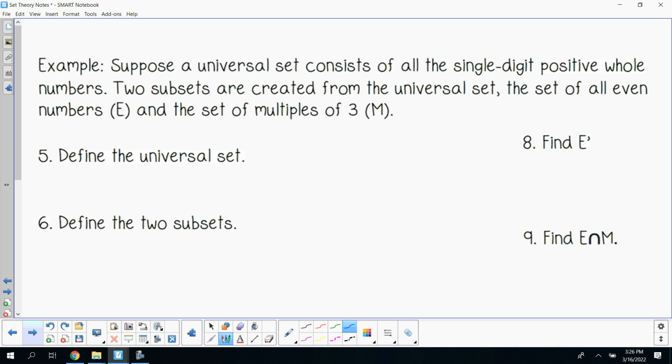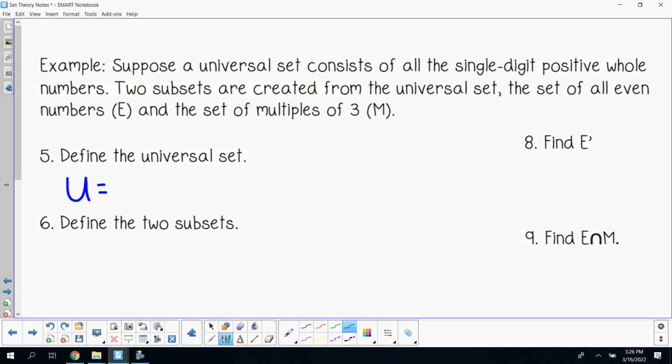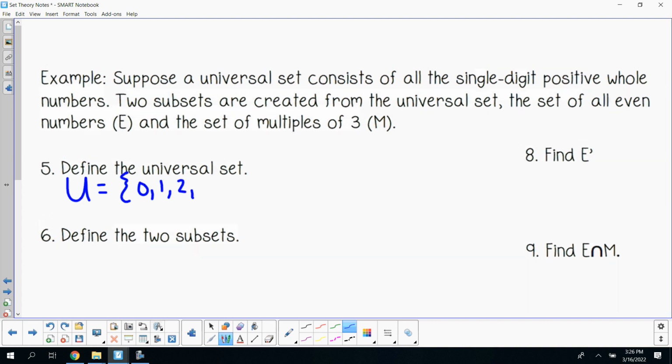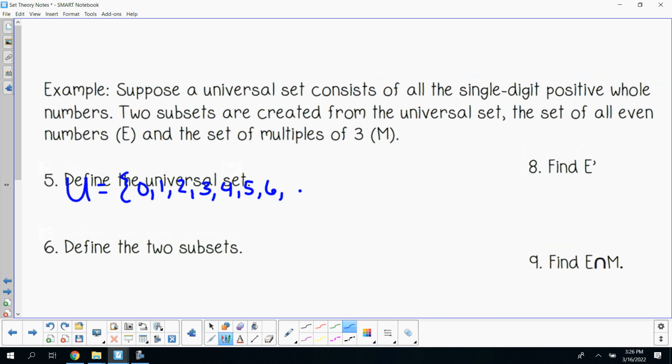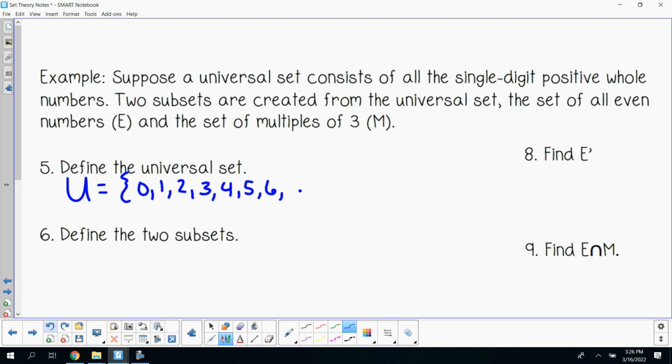So our universal set is going to be the numbers 0, 1, 2, 3, 4. So there's our universal set of digits.